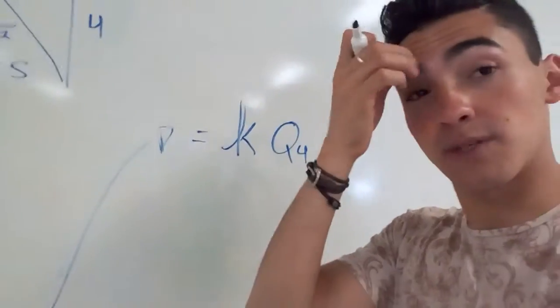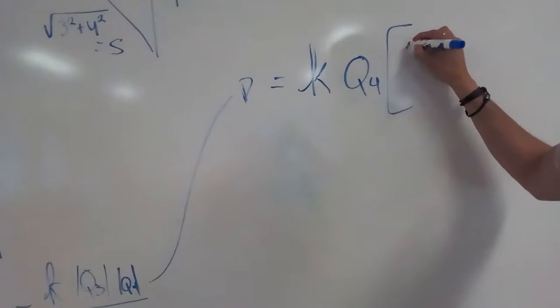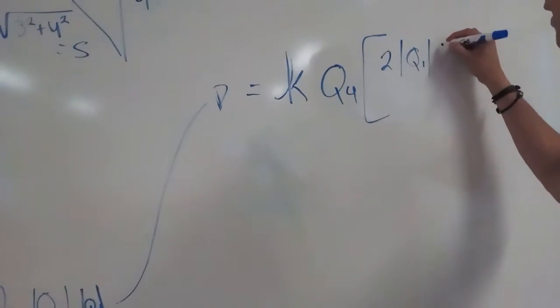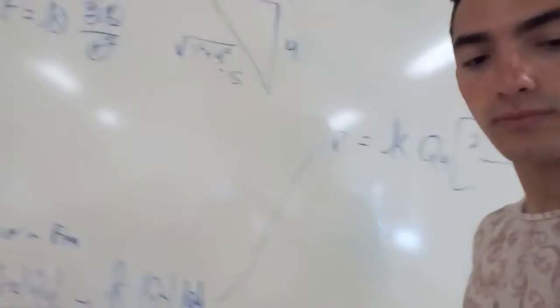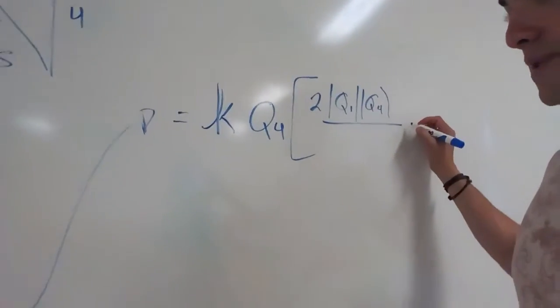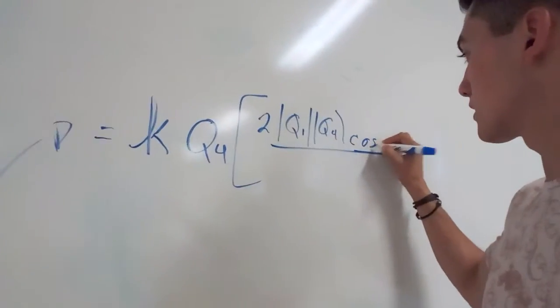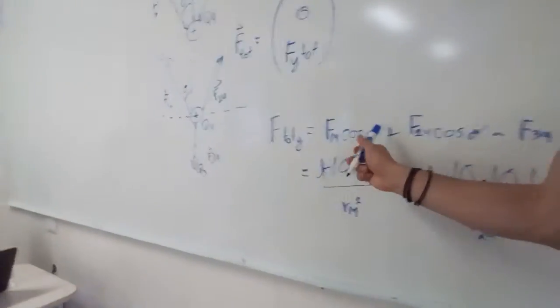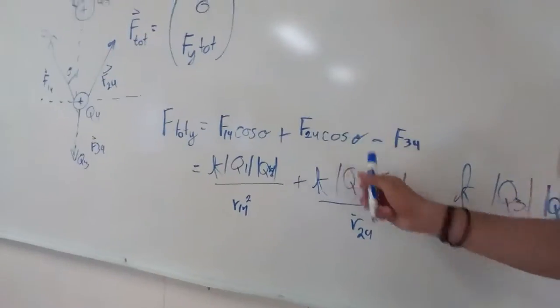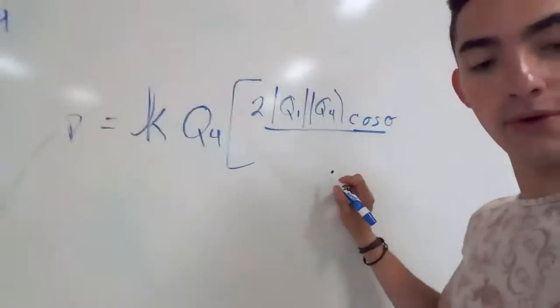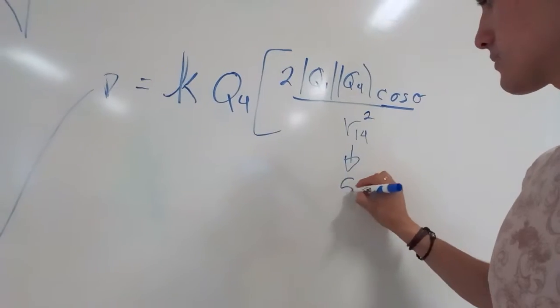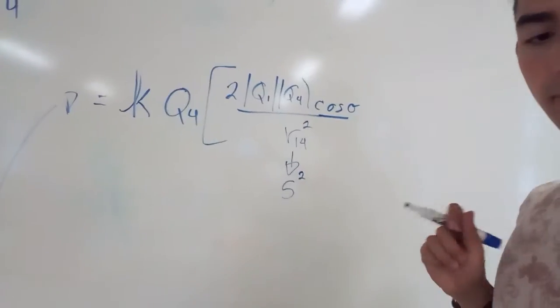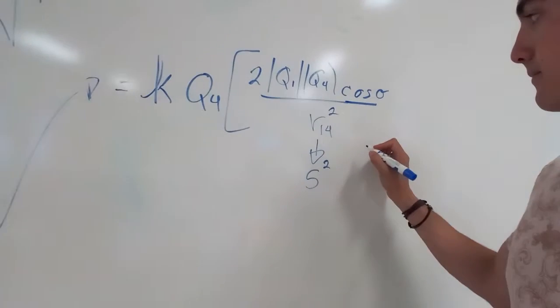The constant times the charge 4 multiplied by 2 times the charge 1 times the charge 4, because we said that these both were exactly the same, times the cosine of theta, because it is this part here, over the R from 1 to 4 squared, that we said is equal to 5 squared. Okay?